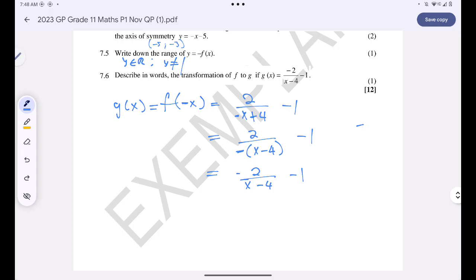So what happened here, for us to get this type of equation that looks like theirs, we only reflected the graph of f on the y-axis. Are you together?